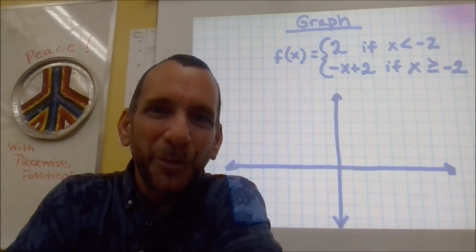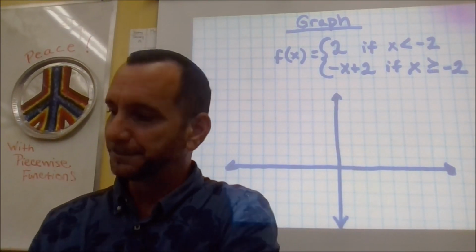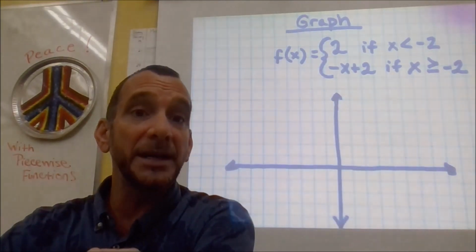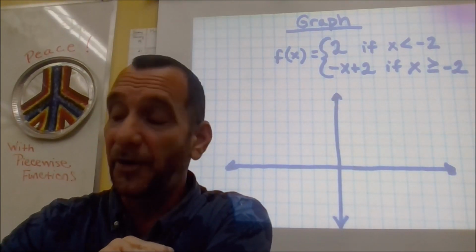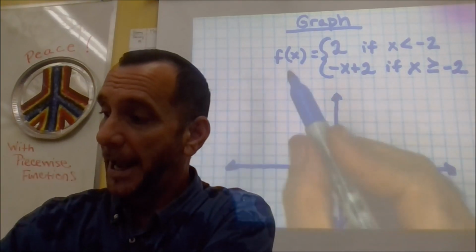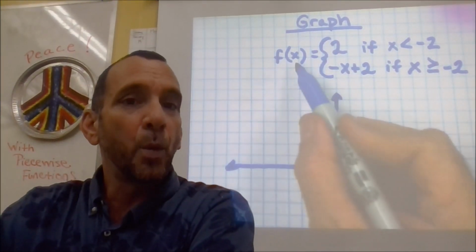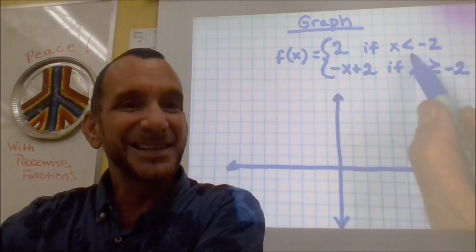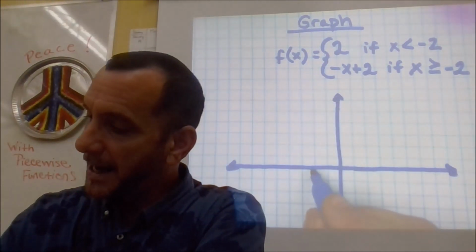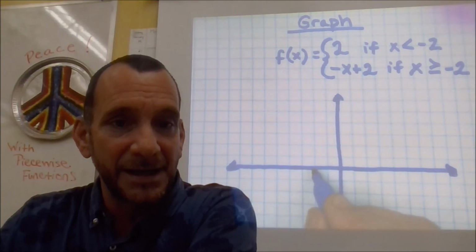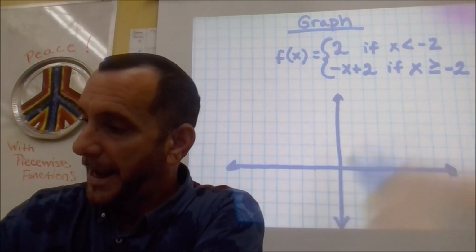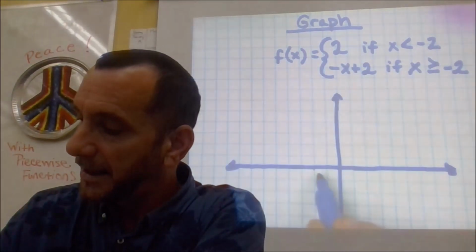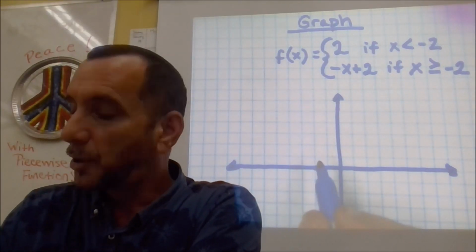Here's another great one for easy practice. Here's a piecewise function. It's two functions, a combination of two, and we have f of x or y equals 2 if x is less than -2. So here's x at -2, and when x is less than -2, y equals 2.